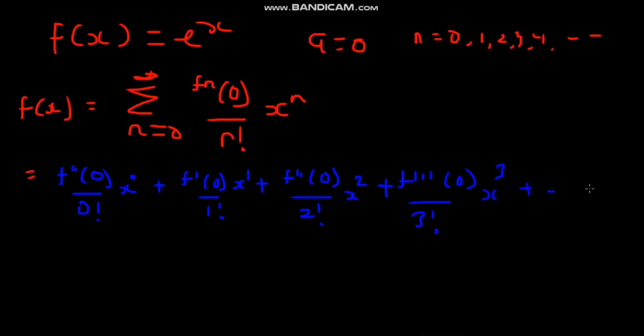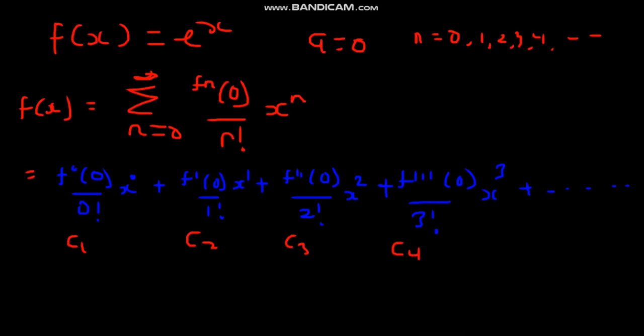So this will continue. Our main focus was to find the coefficients, which we will take to be c1, c2, c3, and then c4. So I'm going to find c1, c2, c3, and also c4.